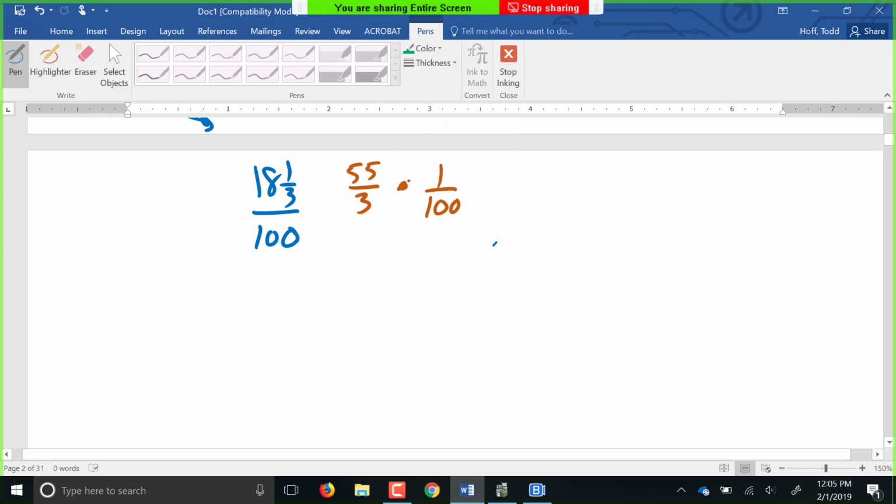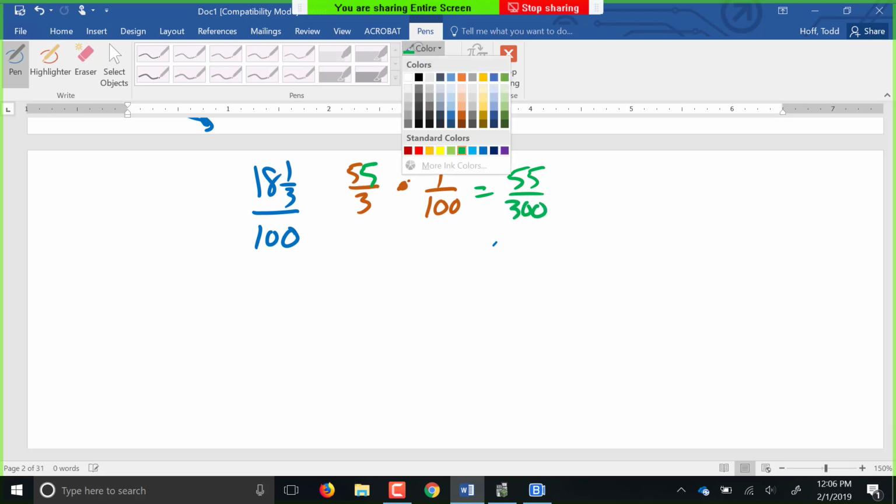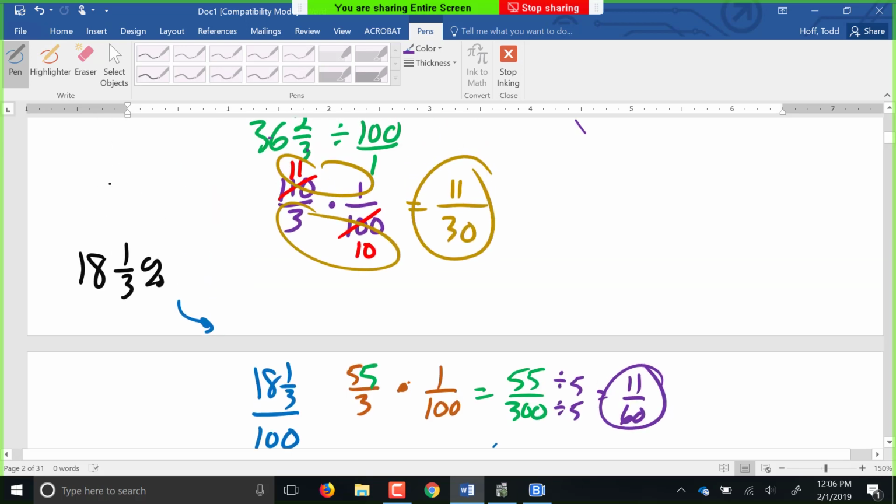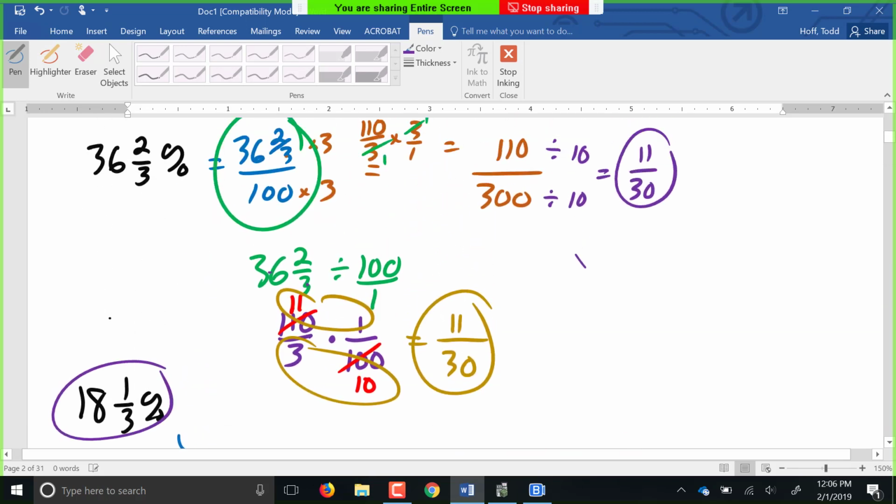So you can either multiply it out and reduce, or you can cross cancel. Both 55, multiplied it out and reduced. Perfect. We can do that. So 55 times 1 is 55. 3 times 100 is 300. From there, what do you need to do? Perfect. We divide by 5 and you get 11 out of 60. If you think about it, it makes sense. 18 1/3 is half of 36 2/3.